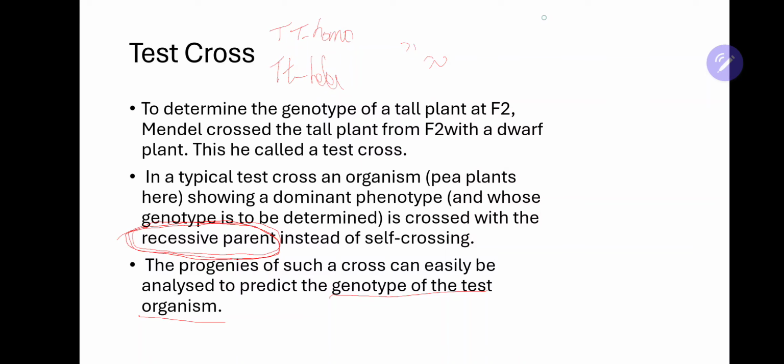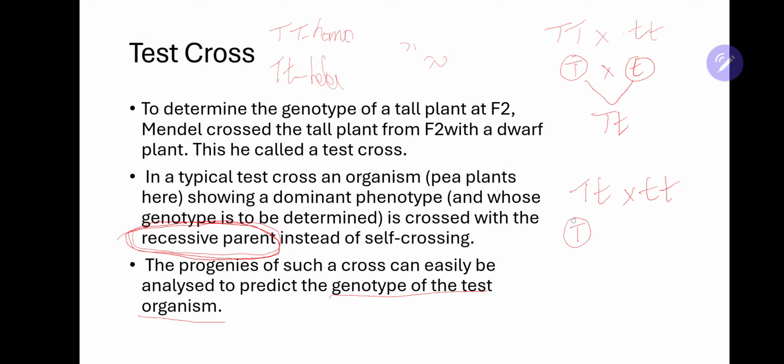In case 1 we will be crossing this capital T capital T with small t small t. So what will happen? One gamete will be drawn and what will be the result? Capital T small t. In the second case, let it be a heterozygous one, capital T small t crossed with small t small t.